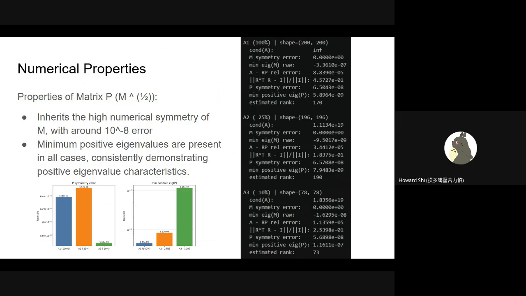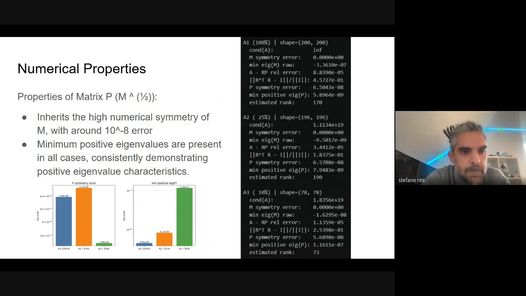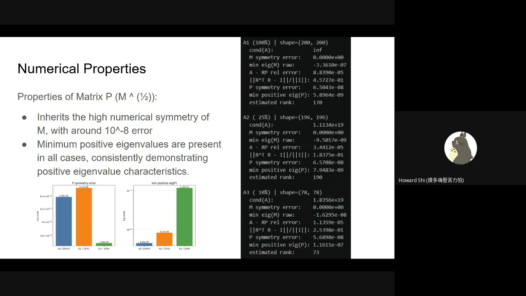Moving to matrix P, which is the square root of M. P inherits the high numerical symmetry from M with an error margin of approximately 10 to the minus 8. Furthermore, P consistently demonstrates positive eigenvalue characteristics, with minimum positive eigenvalues present in all cases.